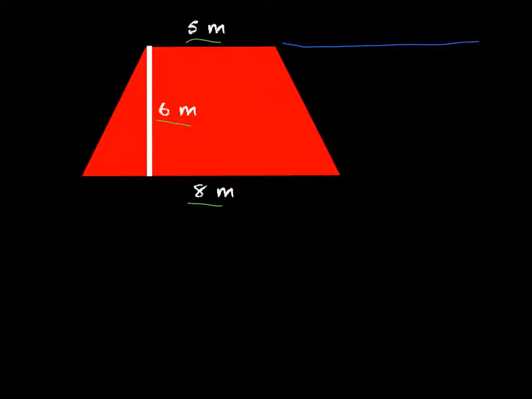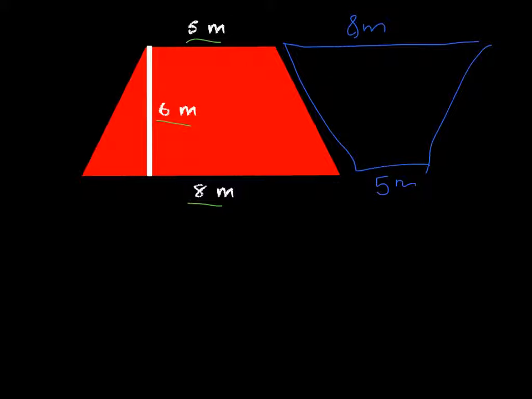there is a second trapezoid here, and that second trapezoid is going to be the inverted version of my trapezoid, which means that this side would be 8 meters and this side would be 5 meters. So what am I going to do without having that extra trapezoid?